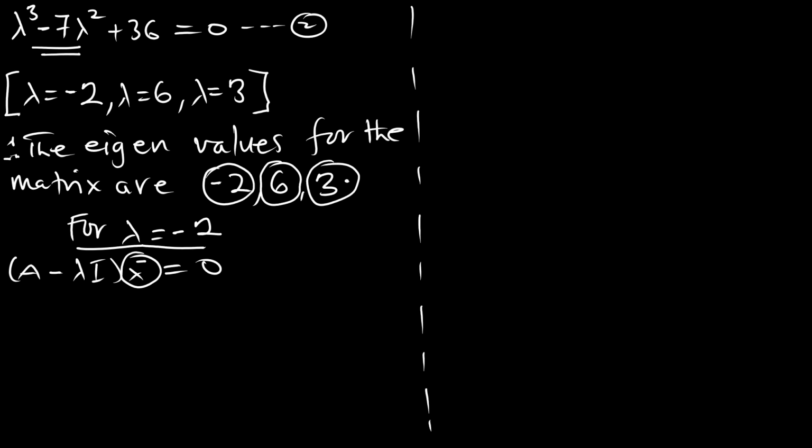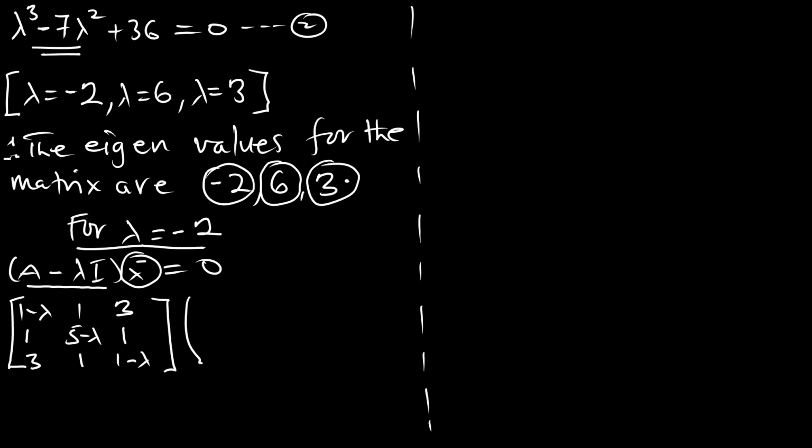We know that the expression for A minus lambda I is given as we have 1 minus lambda, 1, 3; 1, 5 minus lambda, 1; 3, 1 and 1 minus lambda. So let's represent the eigenvector by x, y, and z. Are we okay?